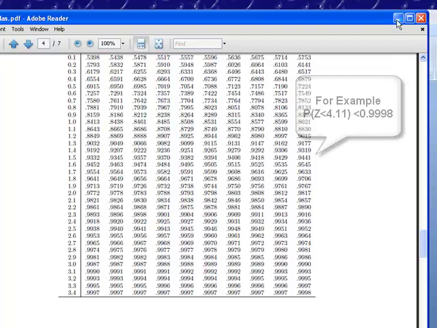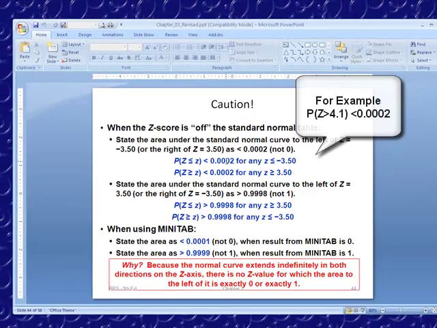So if we have any number greater than 3.49, we would say the same thing that we did for less than negative 3.49.